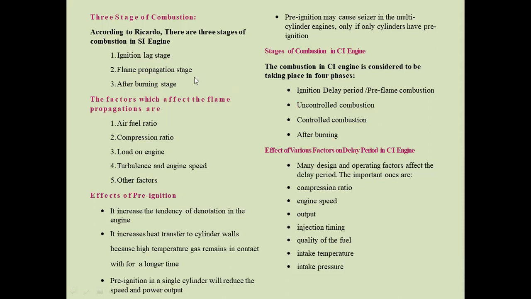The flame propagation factor is very important, because during the flame propagation period the rate of pressure rise gradually goes to the peak of combustion. If we monitor this parameter, we get better combustion in the spark ignition engine. The factors are air-fuel ratio, compression ratio, load on the engine, turbulence and engine speed, along with other factors.